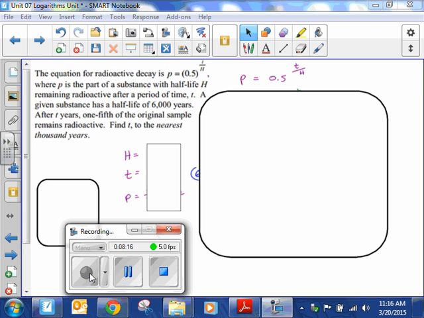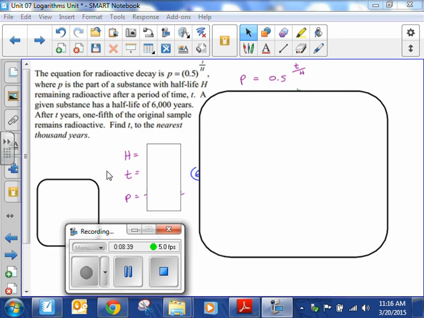The equation for the radioactive decay is P equals 0.5 to the T over H power, where P is part of the substance with half-life H, remaining radioactive after a period of time T. A given substance has a half-life of 6,000 years. After T years, 1/5 of the original sample remains radioactive.